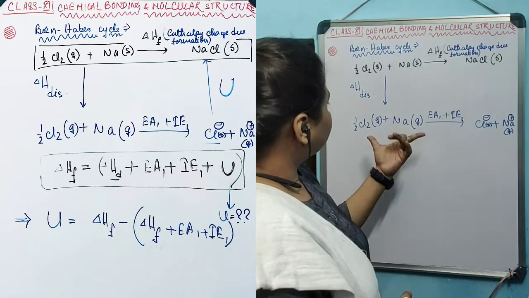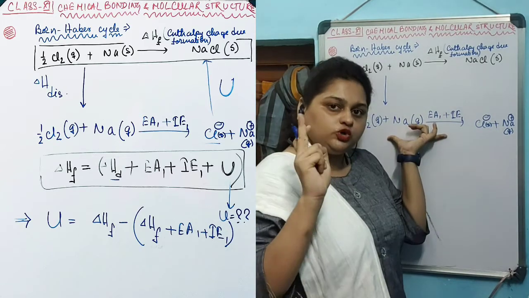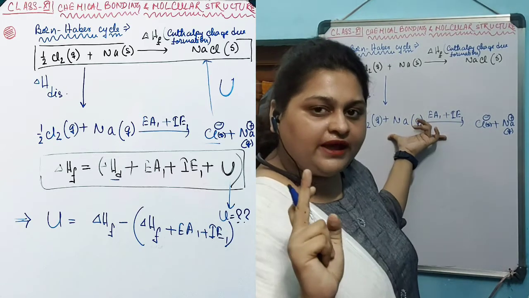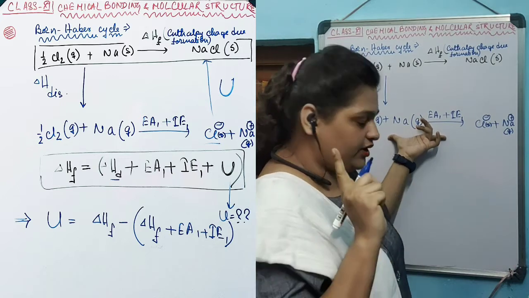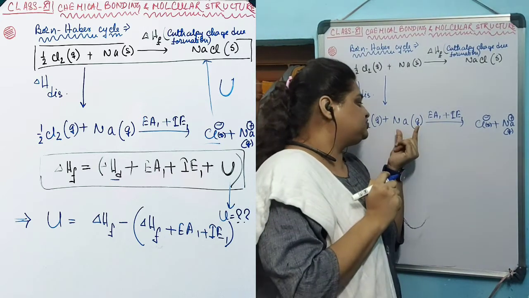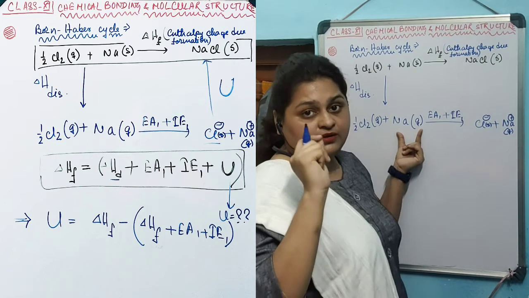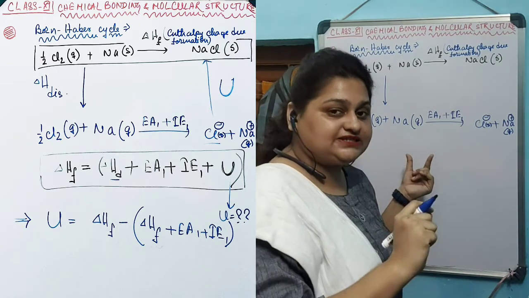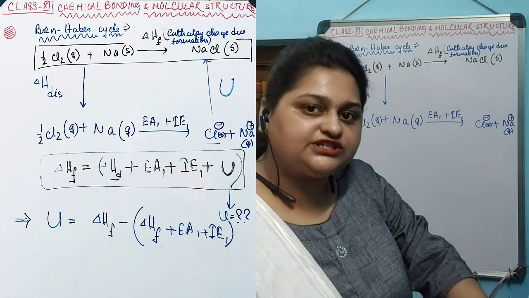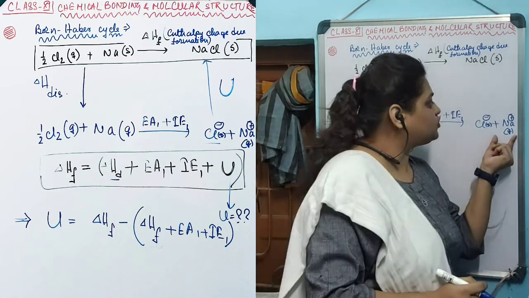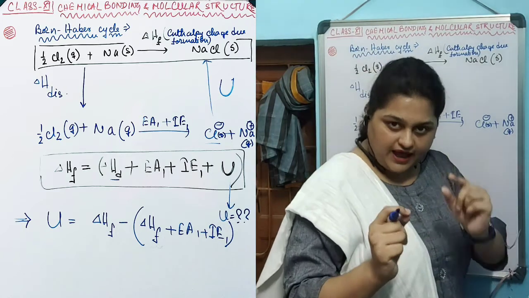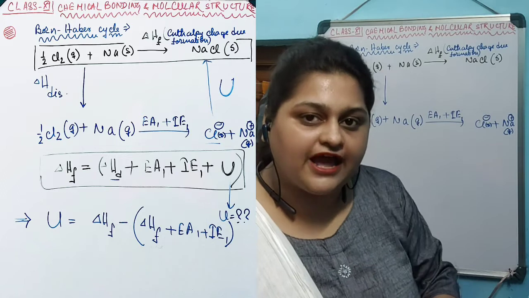So in this step, we have done two main transformations. In one, the sodium atom in gaseous state loses one of its valence electrons to produce the sodium plus ion in gaseous state.